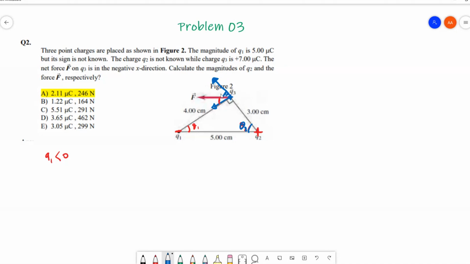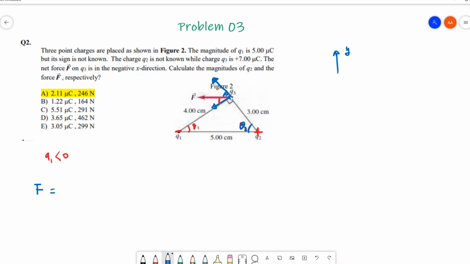So here I can use the angle θ2, here I can use the angle θ1. Great. So the force here, F, has only a component along this direction, which means the component along the y direction is 0. So the y direction is this one. So the component along the y direction should be 0.